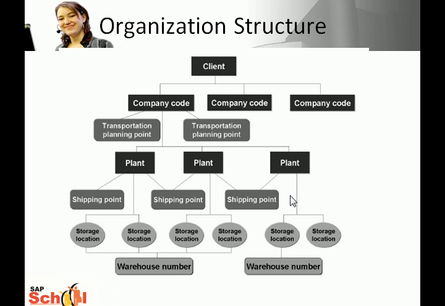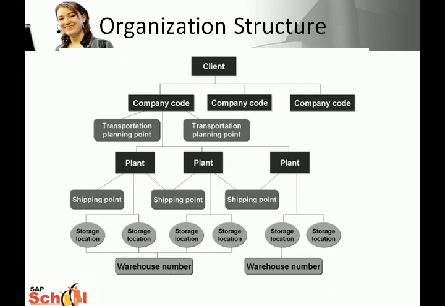This slide shows the positioning of warehouse management within the overall system of logistics. In customizing, you must connect the organizational units specific to logistics execution to other, often superordinate organizational units in order to be able to map the logistics processes. The warehouse number is always linked to a storage location and a plant.